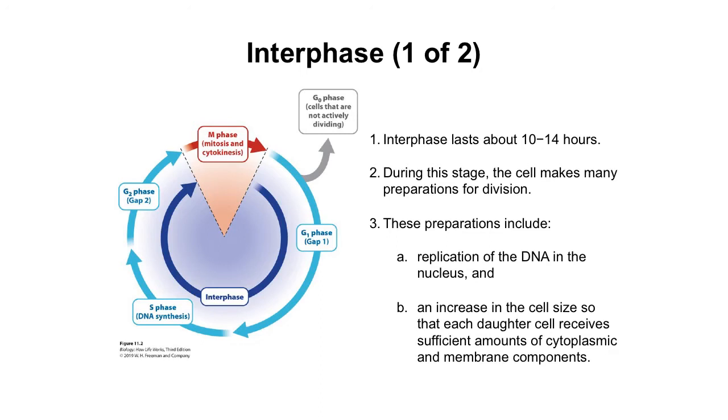First is to prepare all of the machinery required for the replication of the DNA in the nucleus, and second, to increase the cell size or mass so that each daughter cell receives a sufficient amount of cytoplasmic and membrane components.